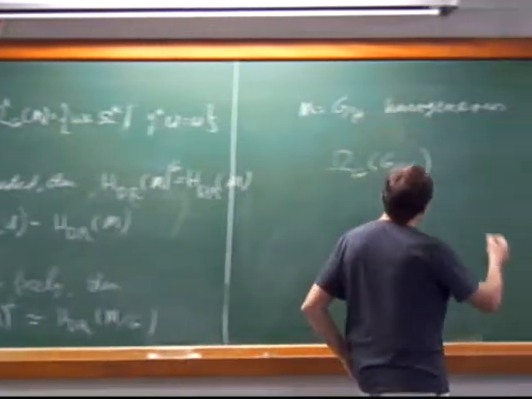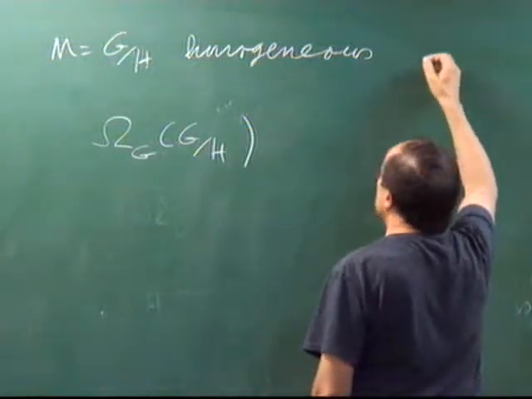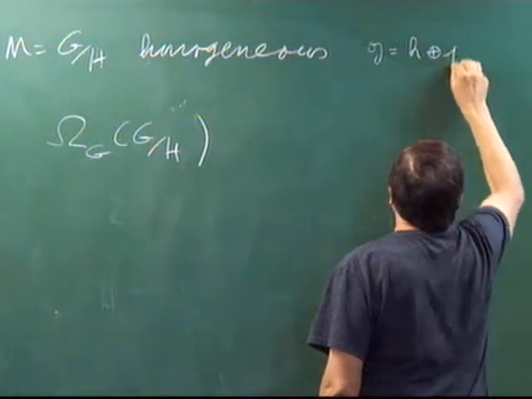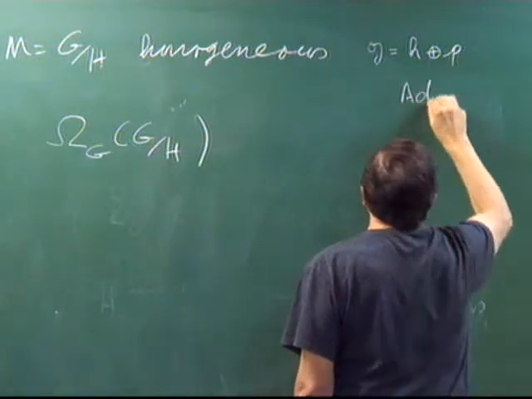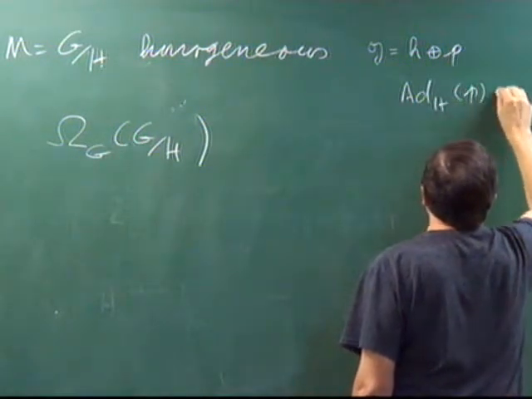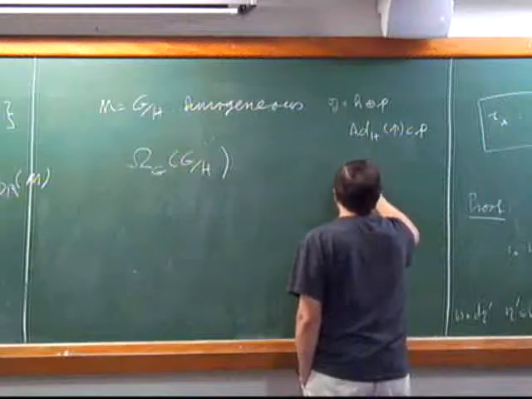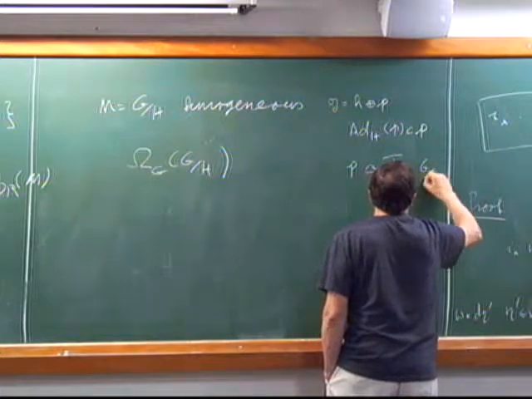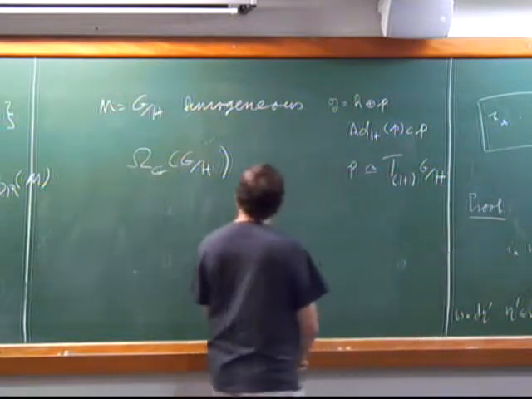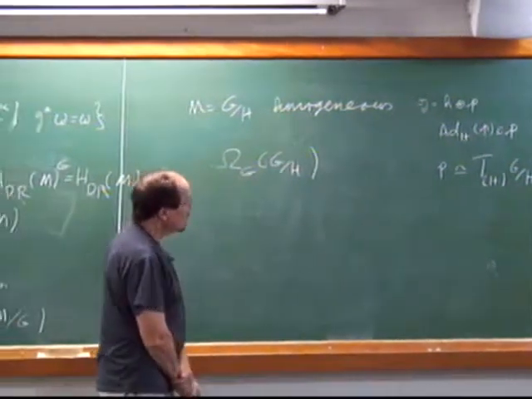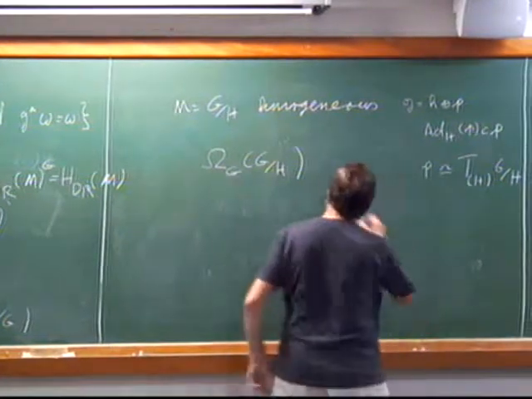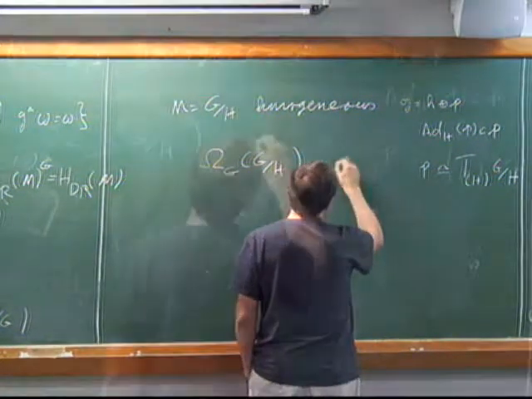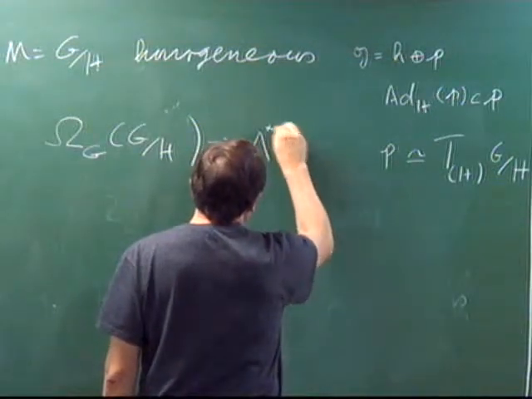So let's say I write my g as h plus p, such that Ad(H) of p is contained in p. Then we identify p with the tangent space in the usual fashion. I take a G-invariant form, I evaluate it on the foot point, and what do I get? An element, a form on p, so that's an element of Lambda star of p.